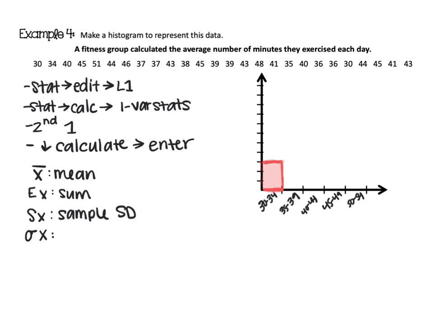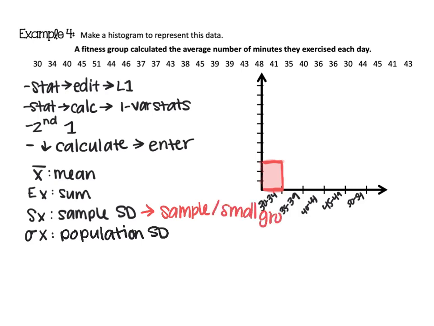The next symbol is the population standard deviation. And what this means is that if you were using a sample of the population, so let's say I took 20 students out of the whole student body, that's a small group that represents the whole. So I'm going to use the sample standard deviation for that.